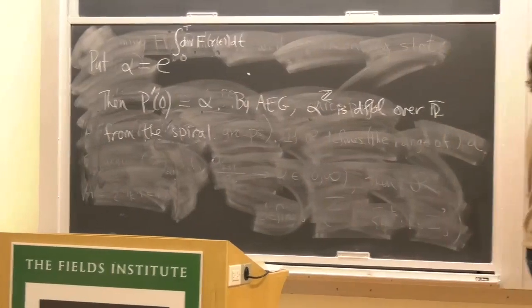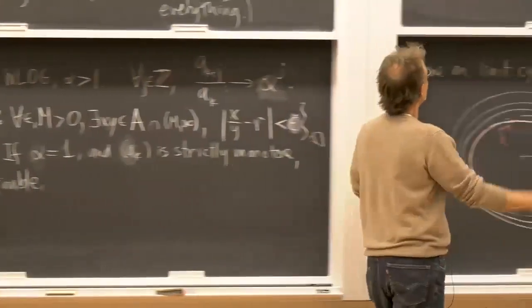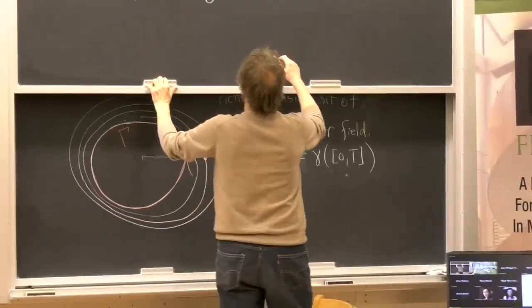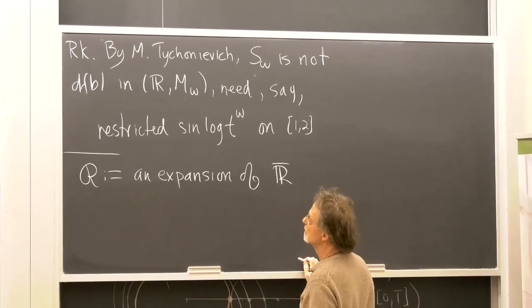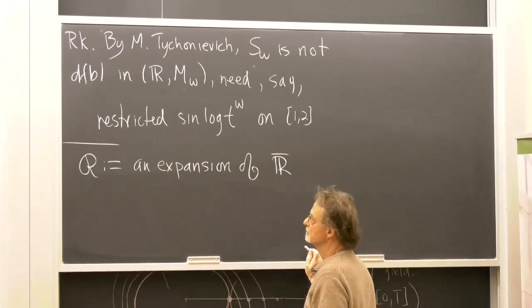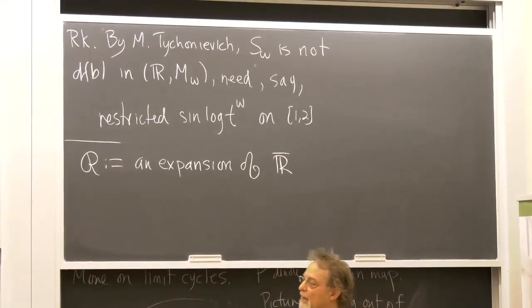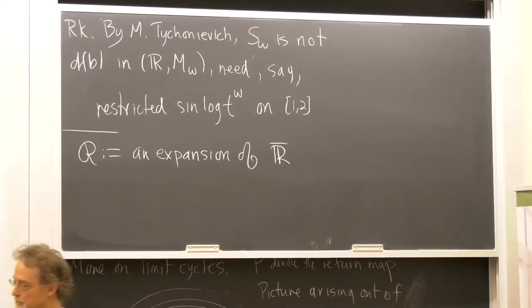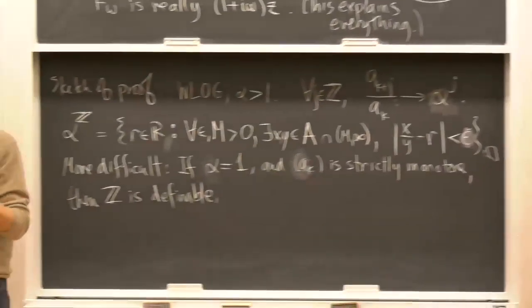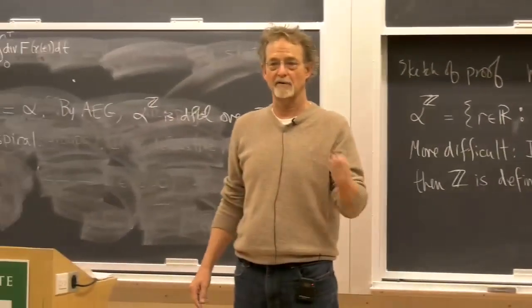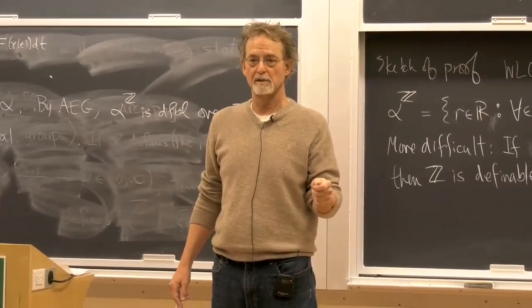If I then also have this global assumption, if I then also have restricted exp and restricted sine, then I get to recover the whole spiral, right?